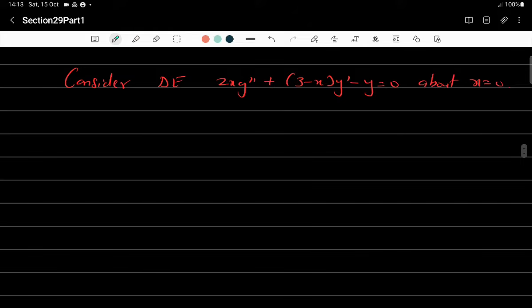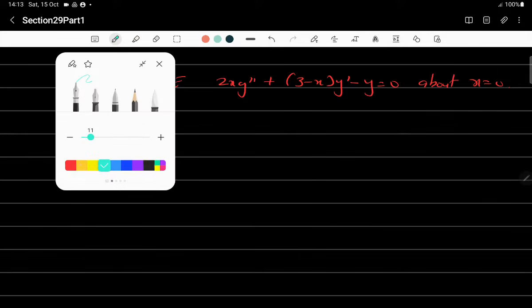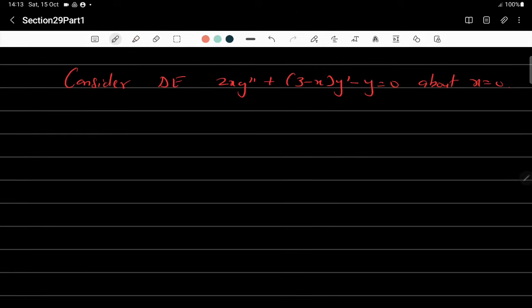So to begin with, first check what is your p of x and q of x. So here p of x is (3 minus x) by 2x and q of x is minus 1 by 2x.